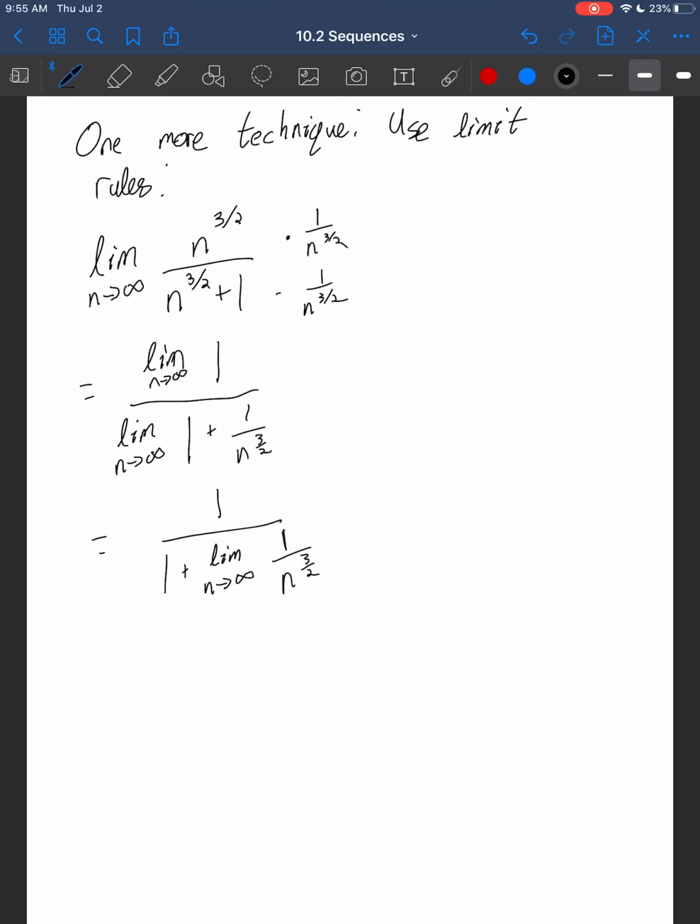So we have this n to the 3 halves here. What ends up happening with this is we're going to put in larger and larger n values, and we're doing 1 over this. When we do this, the 3 halves will keep making them larger and larger and larger, so this is actually going to go to 0.